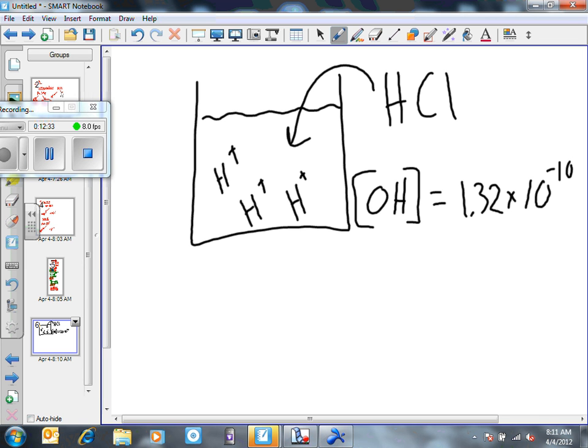So I know that 1 times 10 to the negative 14th is my constant.